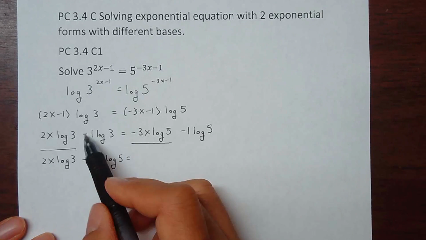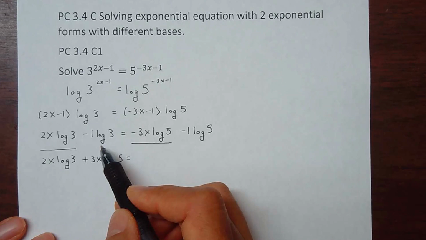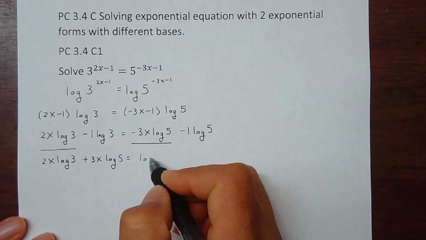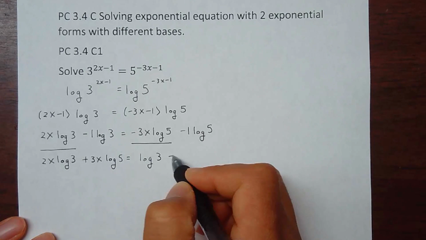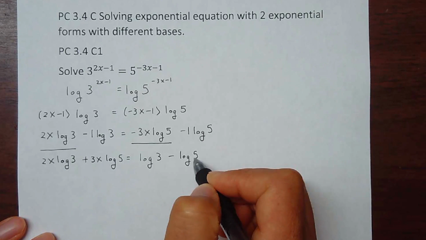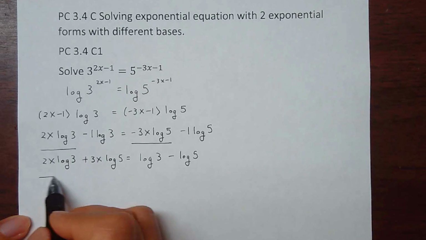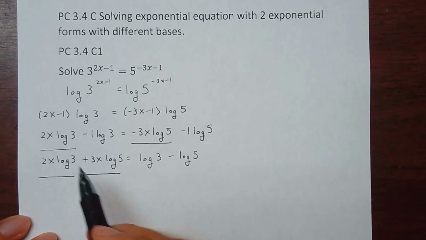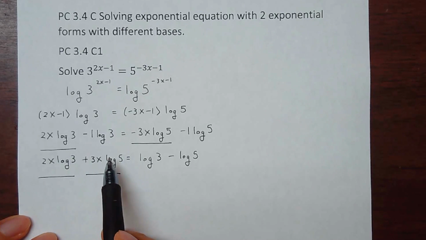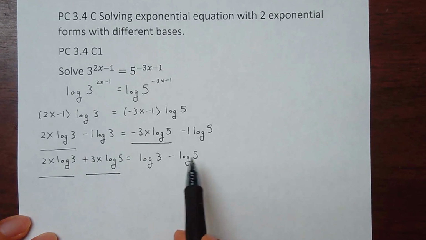This term doesn't have x, so I want it to be on the right, so I'm going to add log 3 to both sides. I'm going to leave minus log 5 on the right. So what did I do? Terms with x on the left hand side, terms without x on the right hand side.